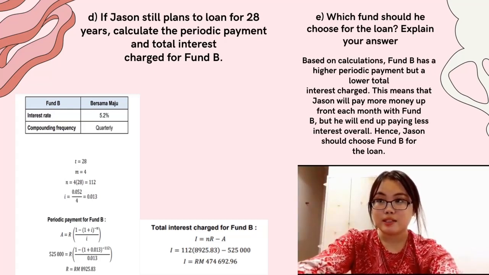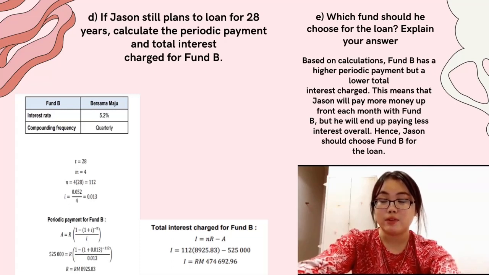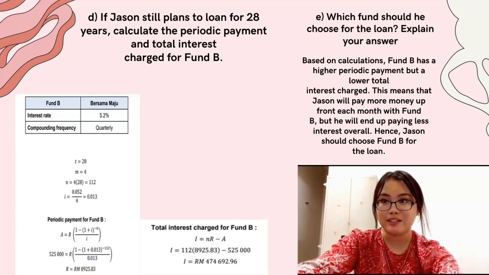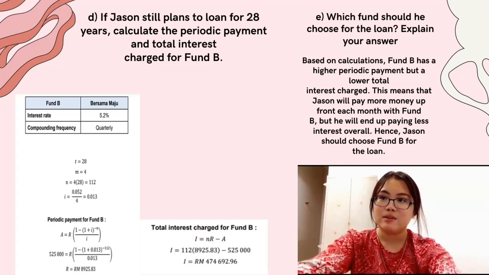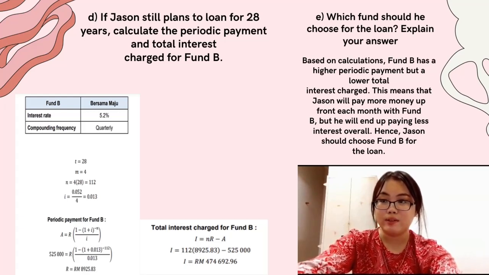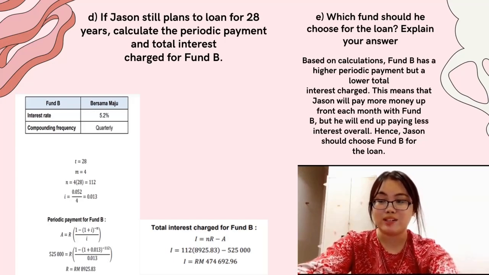Since Jason still plans to loan for 28 years, we put it as the value of t. The m, the compounding frequency, is 4, and n is 4 multiplied by 28 equals 112.